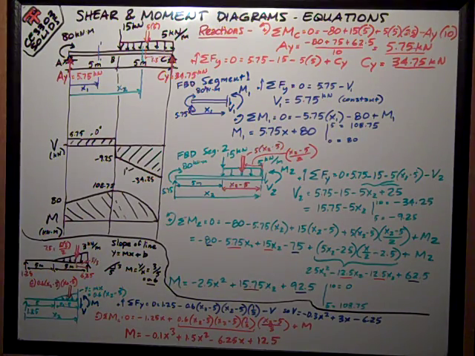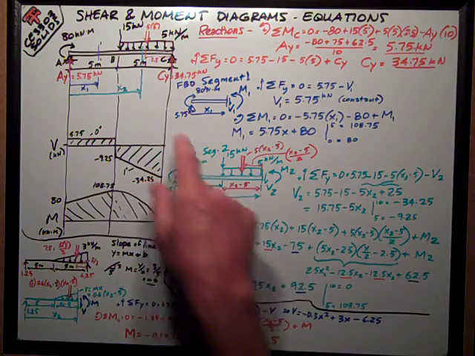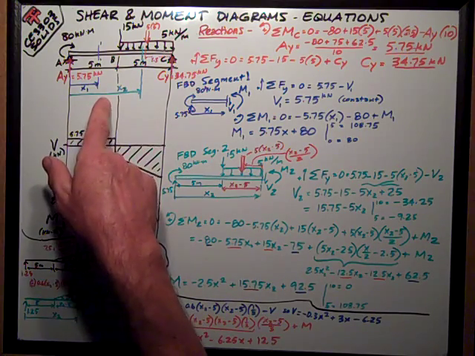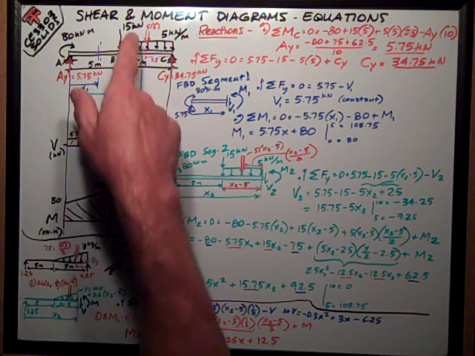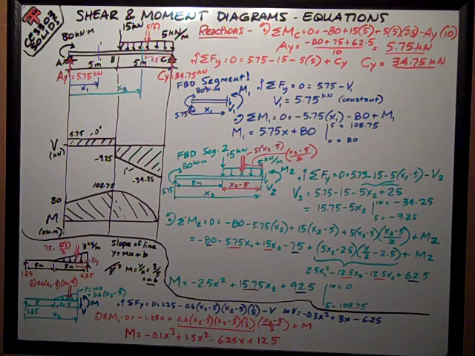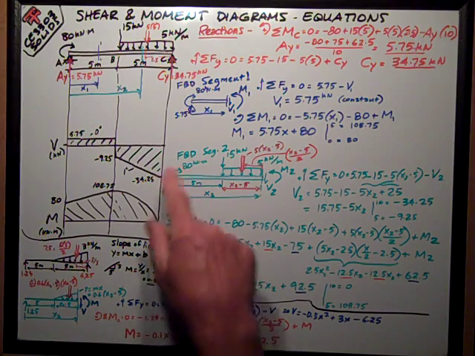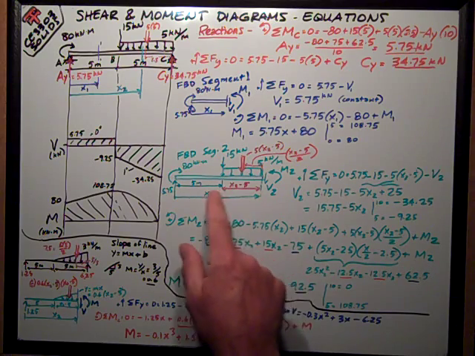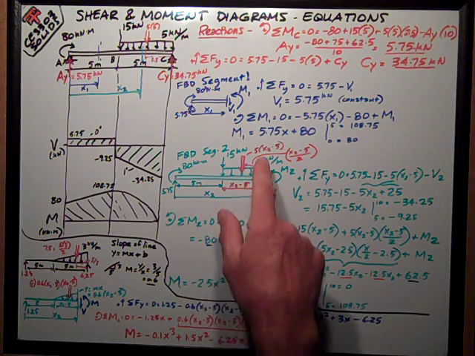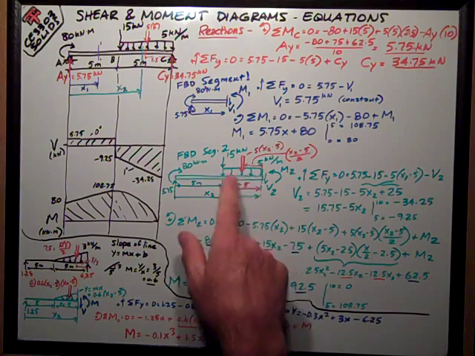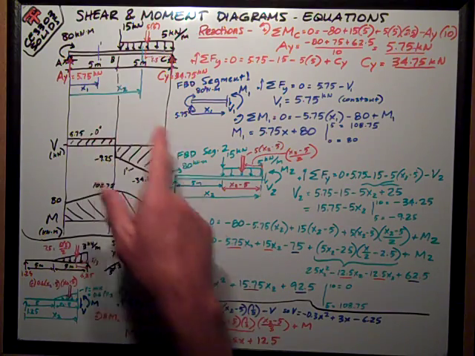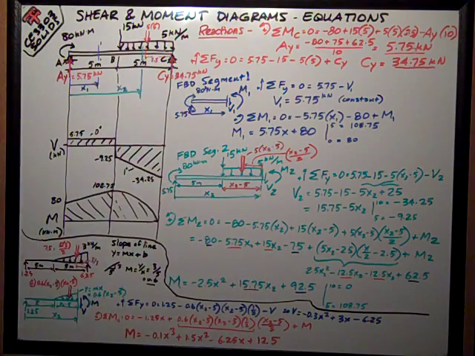First, let's go to segment 2, which is a distance x2 from the left end somewhere between B and C. I write all my forces on there, show my dimensions, even show the resultant of this distributed load, which I've cut in the middle, so it's not equal to 5 times 5 anymore.